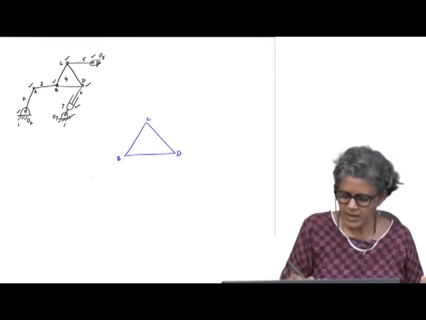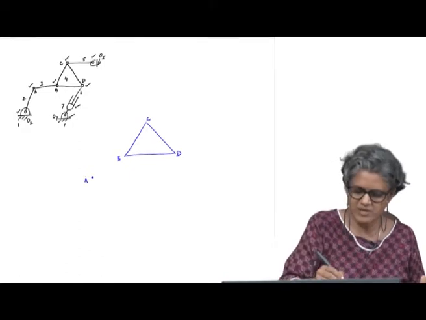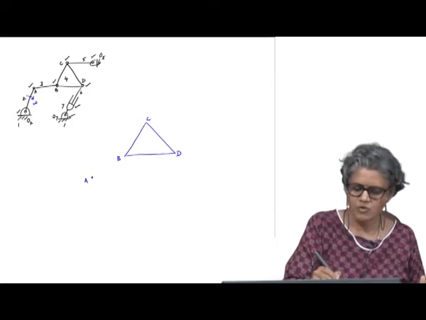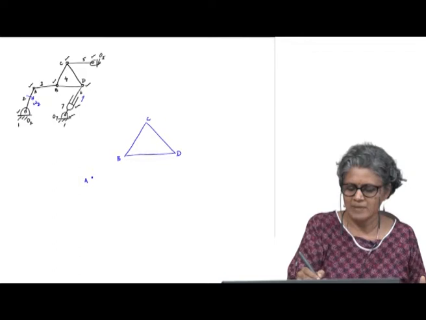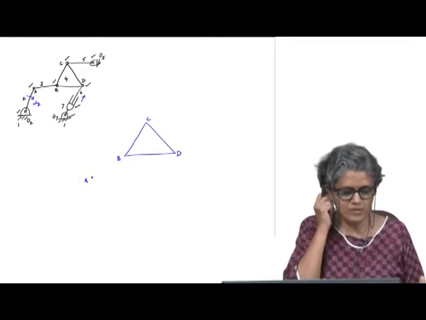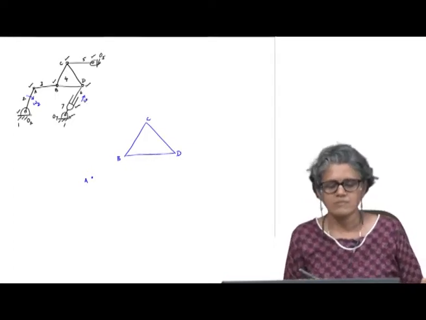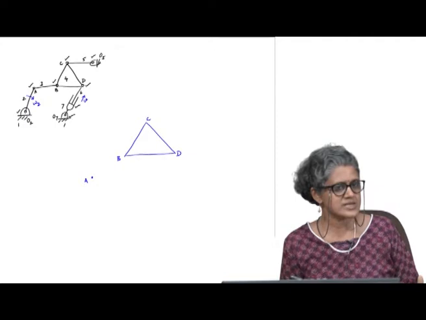And I know the velocity of point A. So, I am given omega 2 here and I am given this velocity here. Okay. Those are the two things I know, two velocity inputs I have.